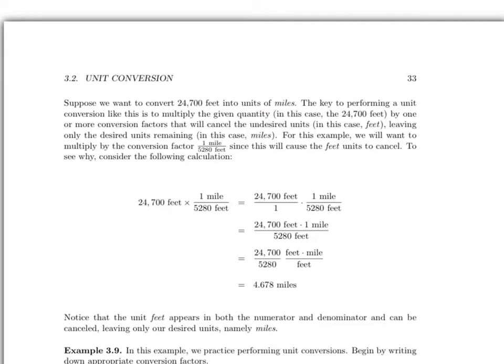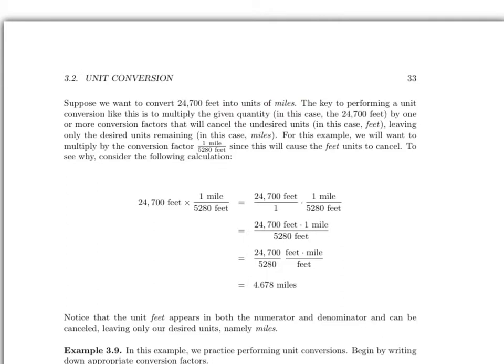The key to performing a unit conversion like this one is to multiply the given quantity, in this case the 24,700 feet, by a conversion factor that relates the units we're given and our desired units. So we need to multiply by a conversion factor that relates feet and miles.